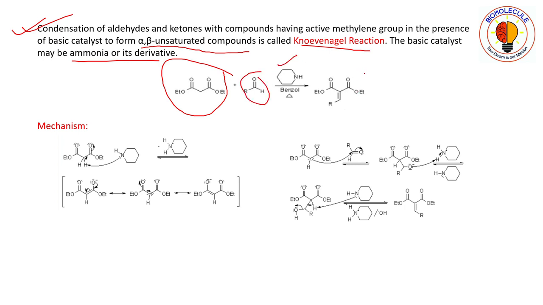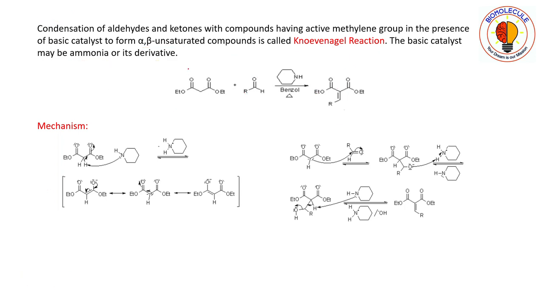So what we get is the alpha beta unsaturated carbonyl compound. This carbon is alpha and this one is beta. So we give an active methylene compound, then an aldehyde and a base, and we get an alpha beta unsaturated carbonyl compound.